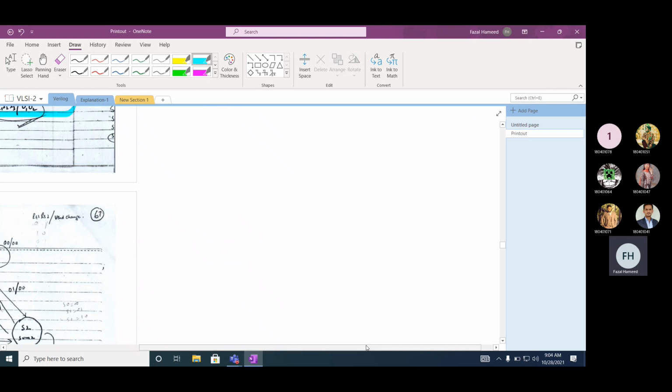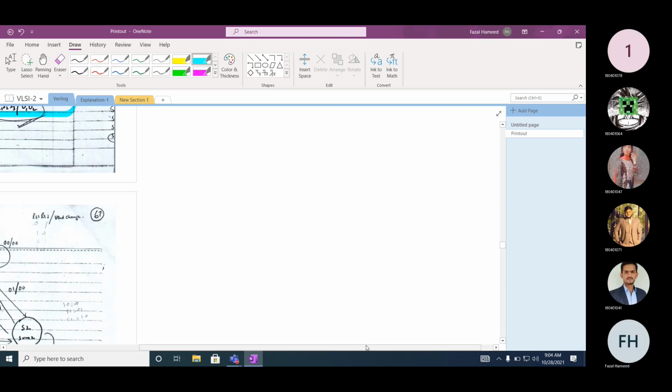Now, if you want to draw the FSM for our vending machine, we need to envision some states. One state can be an idle state, when there is no input. When you restart the system, the system should be initialized to some known state.